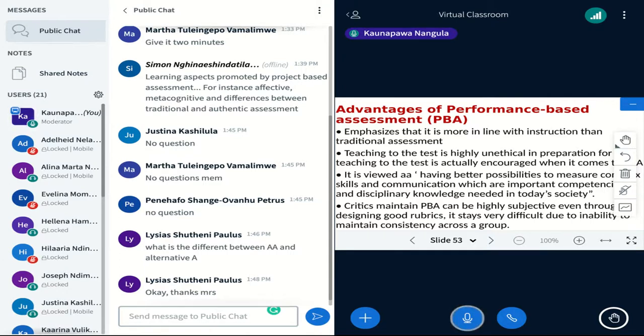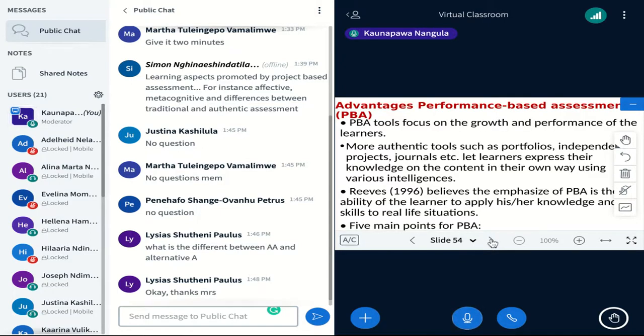You can have that, but then the people who are criticizing the performance-based assessment say that it's really difficult to stay consistent when you're marking the learners' performance-based assessments. All right, so that's what we have here in the last part.